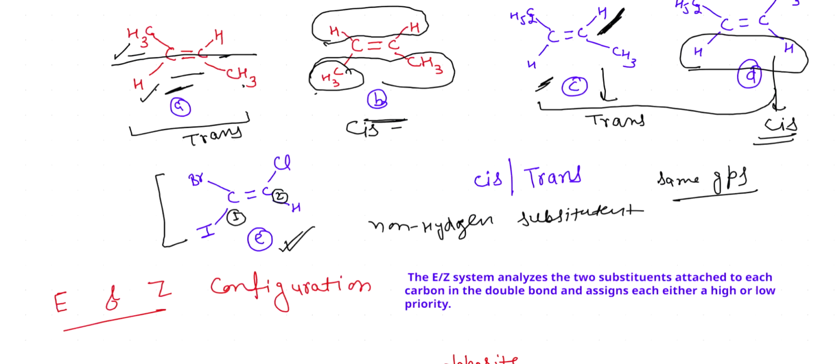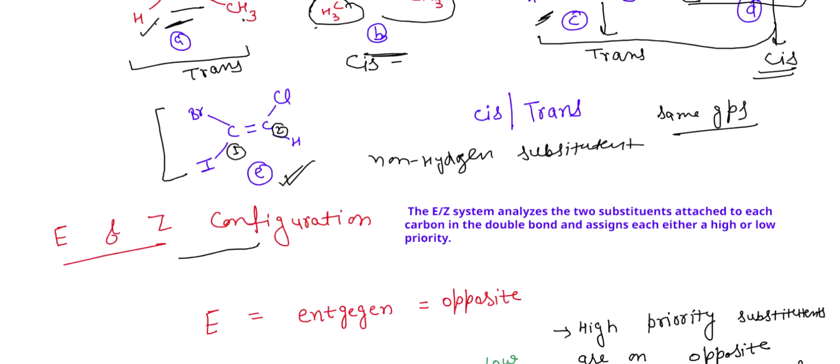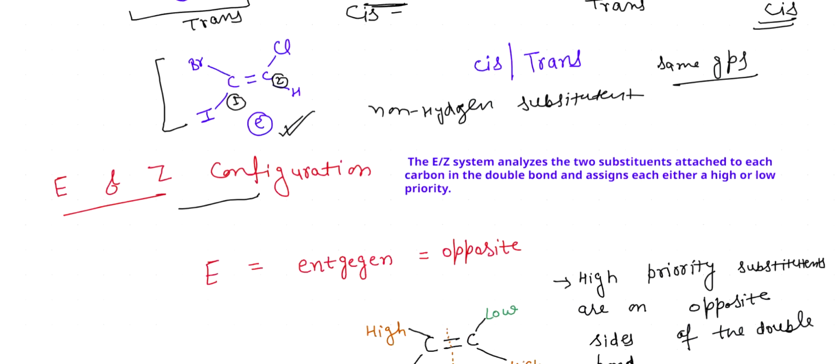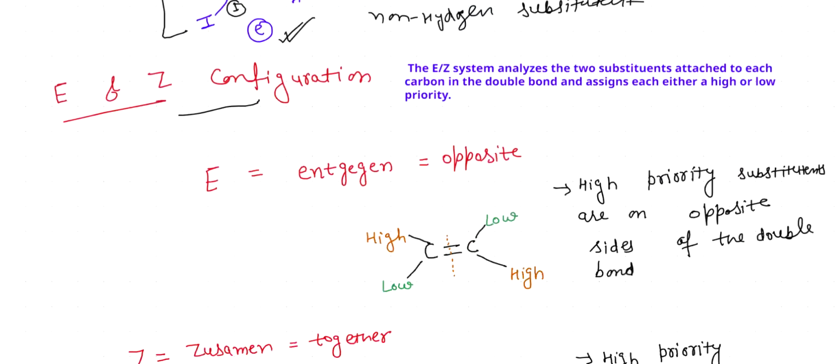So what is E and Z? E and Z configuration is basically assigned to those molecules in which there are more than 3 different non-hydrogen groups or substituents. Let me discuss the E configuration. E means entgegen. It is a German word. It means opposite. Opposite means when the high priority groups are present on the opposite side of the double bond.